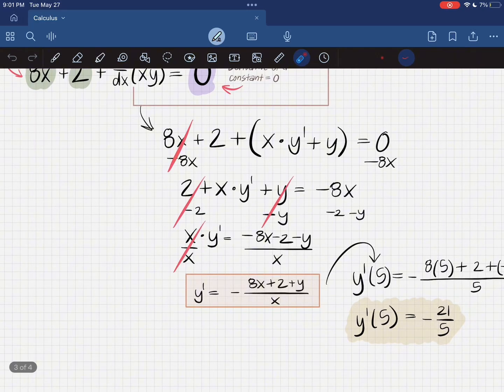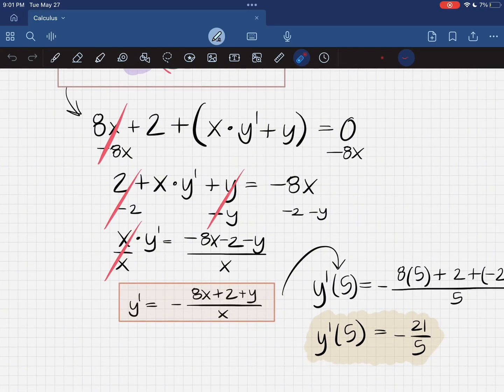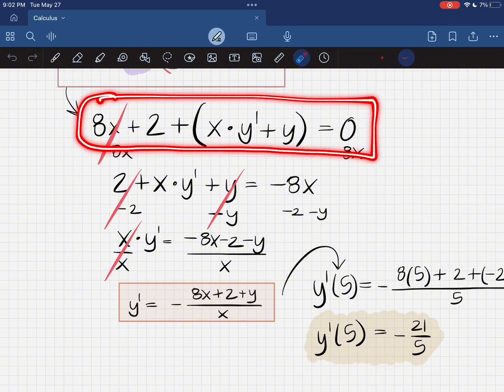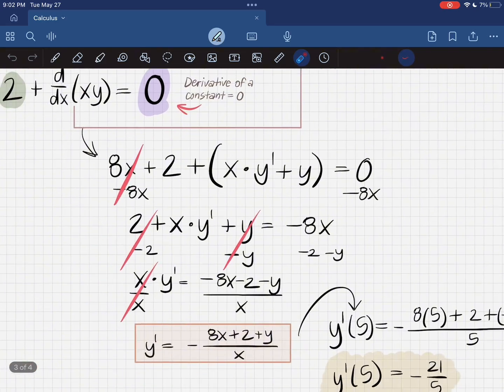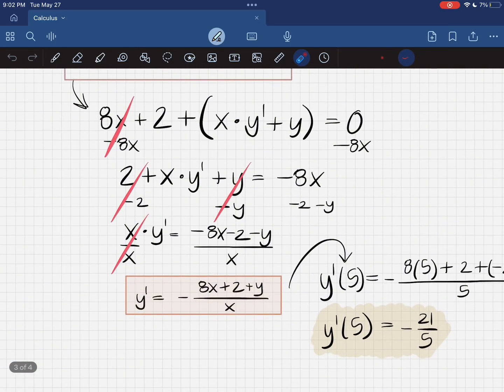So now if we put it all together, we get 8x plus 2 plus this thing which we got earlier from doing the product rule. In other words, x times y prime plus y equals 0.